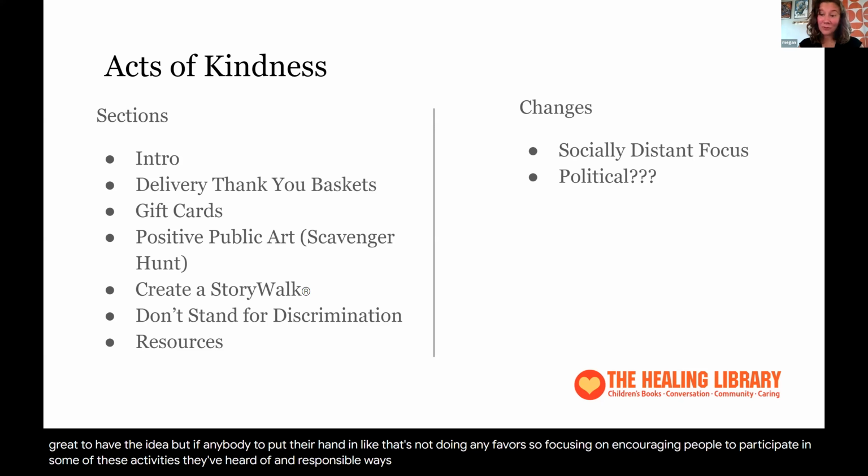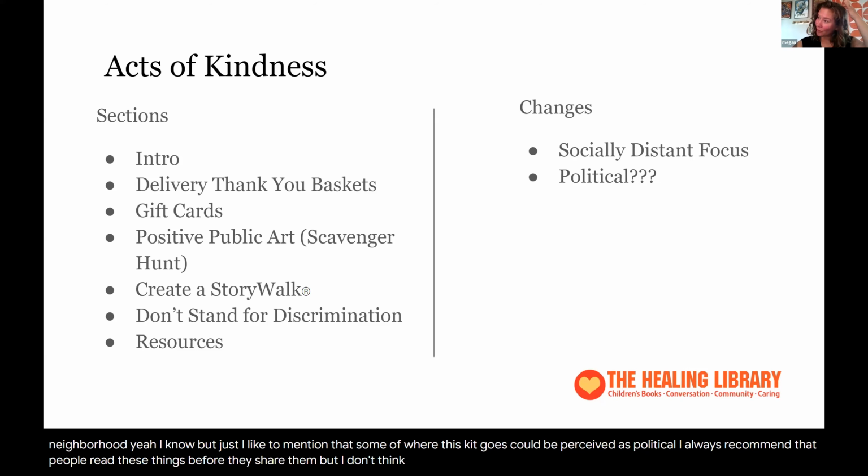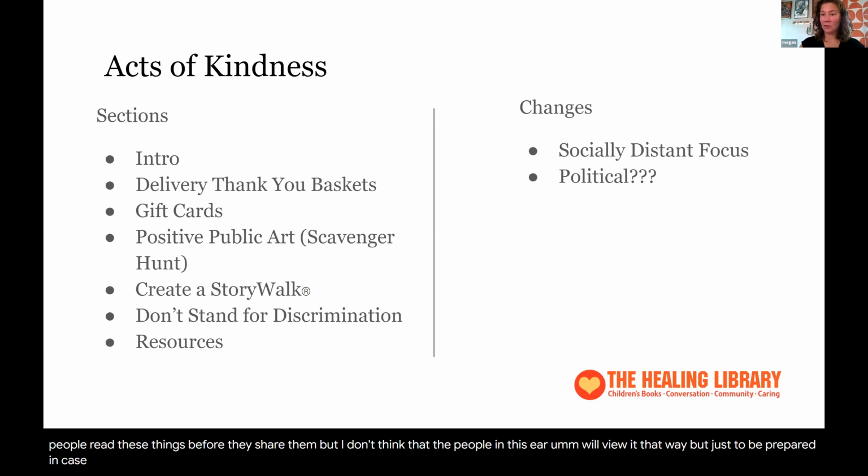We also mentioned some really library stuff, like creating a story walk for your neighborhood. I like to mention that some of where this kit goes could be perceived as political. I always recommend that people read these things before they share them. I don't think the people in this room will view it that way, but just be prepared in case your anti-mask people say, it said I should, blah, blah, blah.